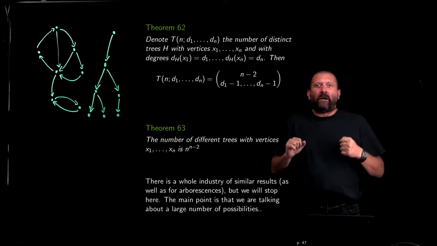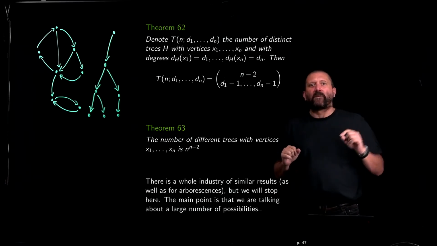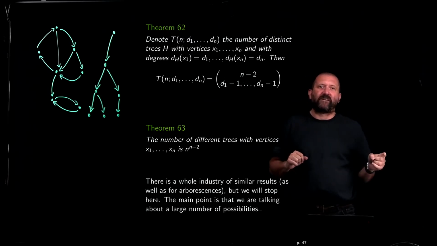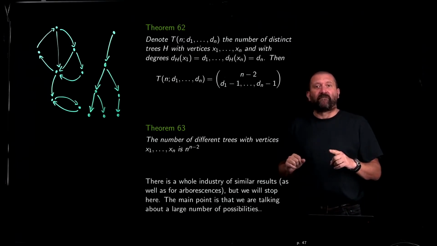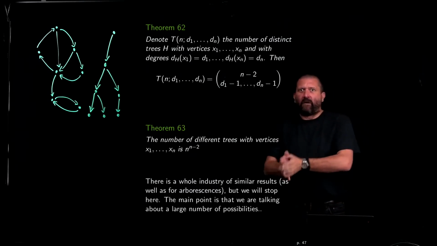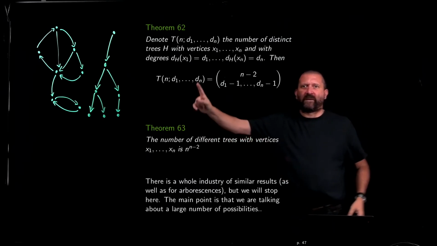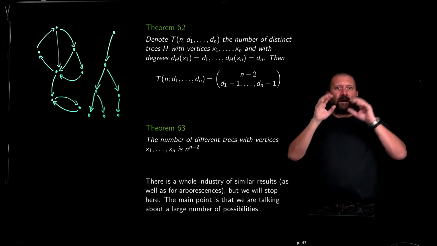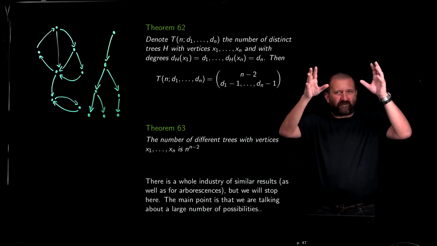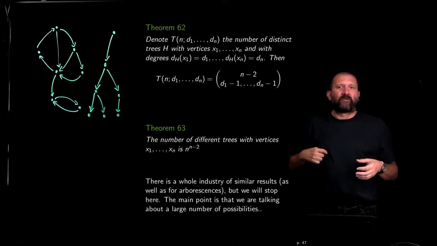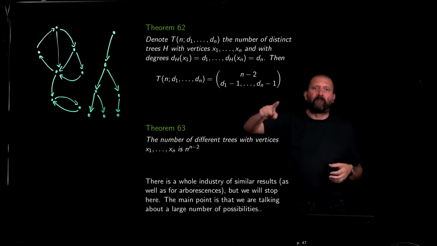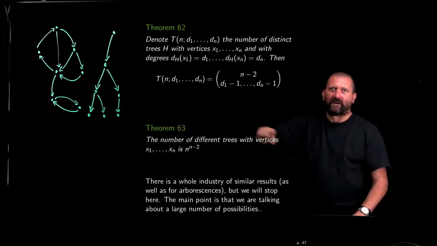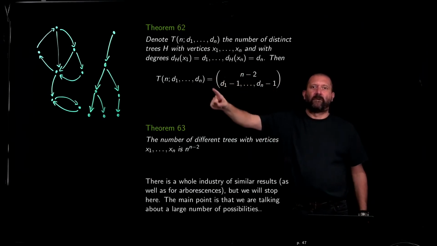If I denote T of n and d1 to dn the number of distinct trees that have vertices x1 to xn with specified degrees, so the degree of vertex 1 has to be d1 and the degree of vertex n is dn, so I'm imposing n vertices and also the degrees of the vertices, then we would use that formula to compute this number.